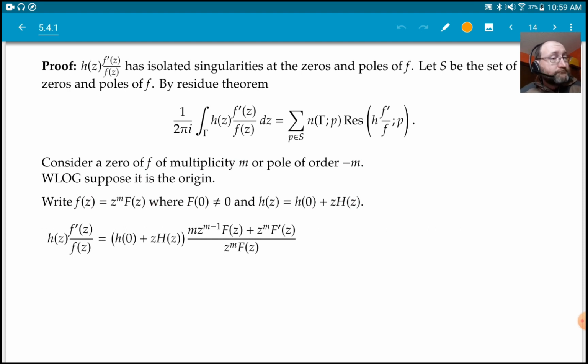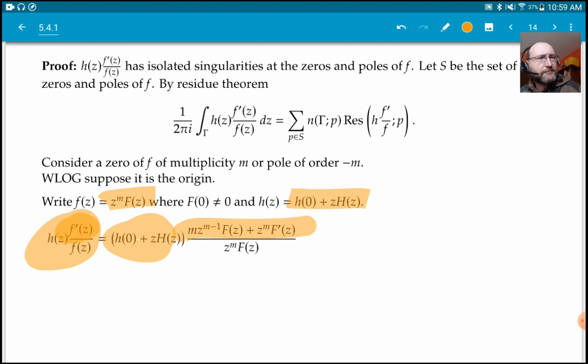So let's look at what this thing is near 0. Well, we just expand this thing in terms of these formulas. Of course, to take the derivative, I have to use the product rule, but that works. So that's just what it is.